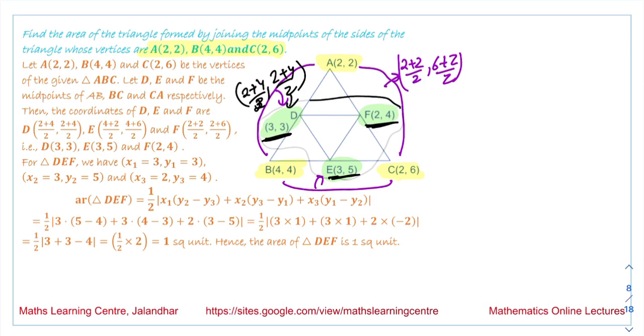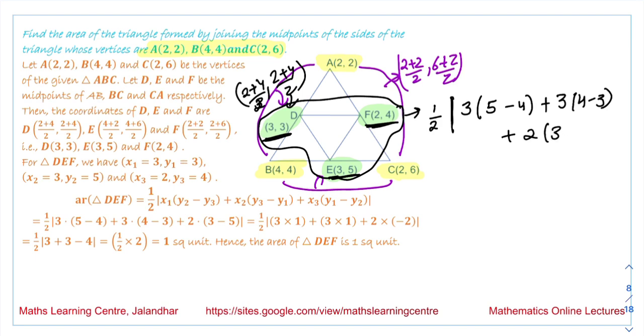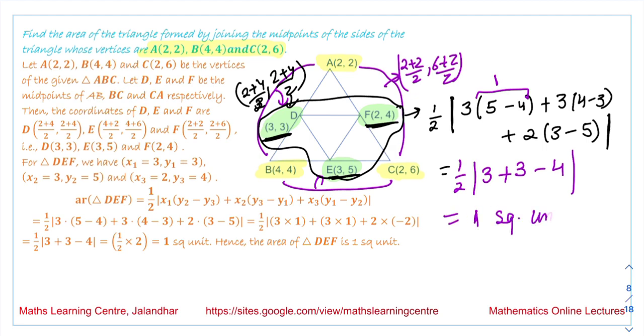Now we have to find the area of this triangle DEF, and the formula we know is half mod 3 into 5 minus 4 plus 3 into 4 minus 3 plus 2 into 3 minus 5, and on solving these terms, it is 1 by 2, 3 plus 3 minus 4, and it is mod over here, and on solving this you will get that the area is 1 square unit.